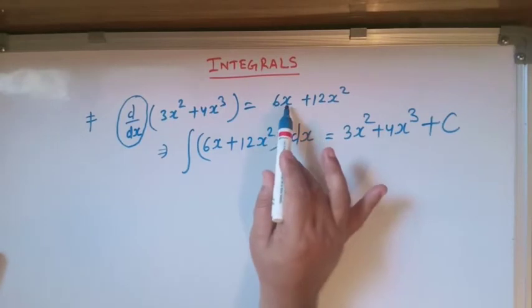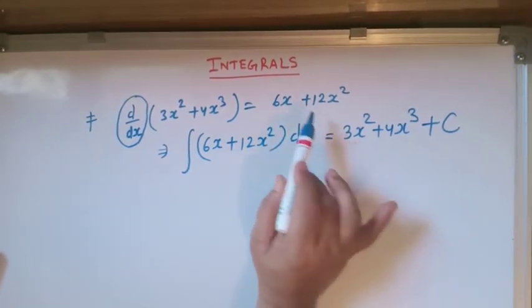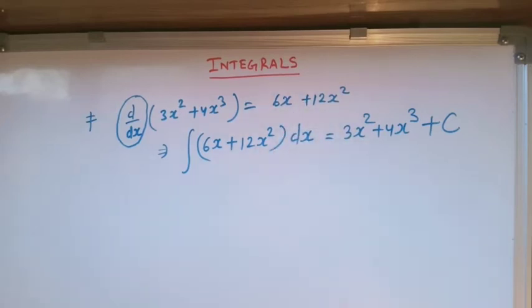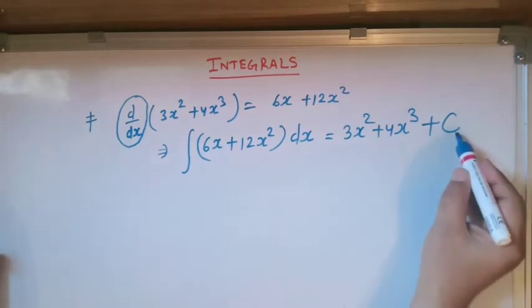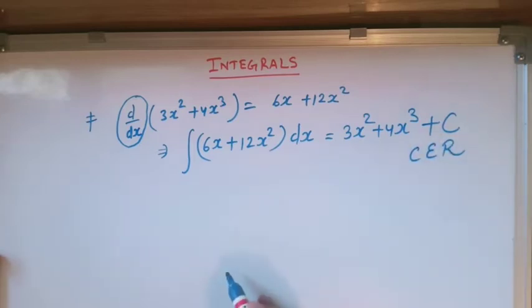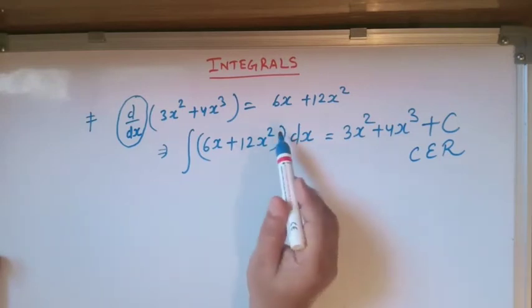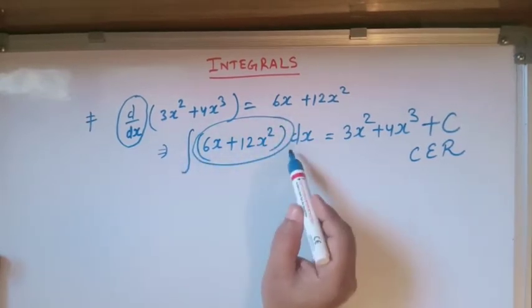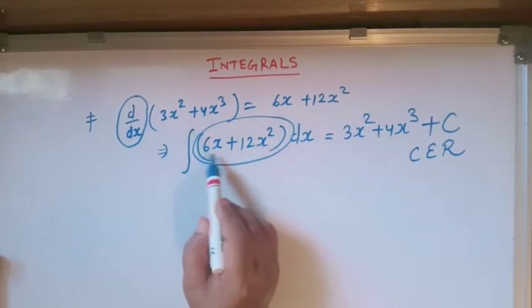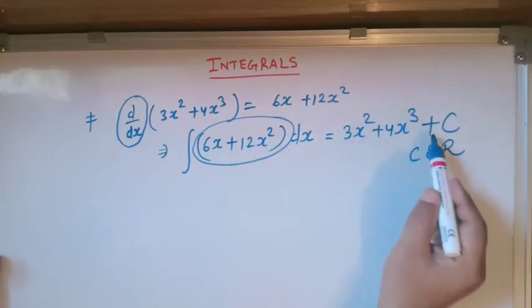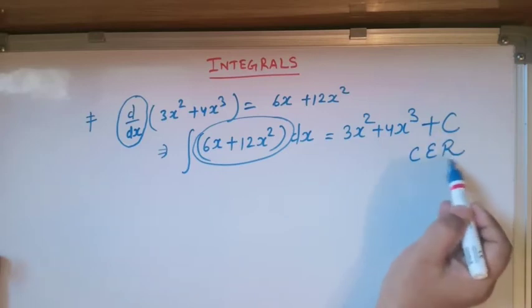So these two expressions are equivalent. Here c is the constant of integration and c belongs to the set of real numbers. So thus we can say that the integral of 6x plus 12x square is 3x square plus 4x cube plus c, and c can take any real value.